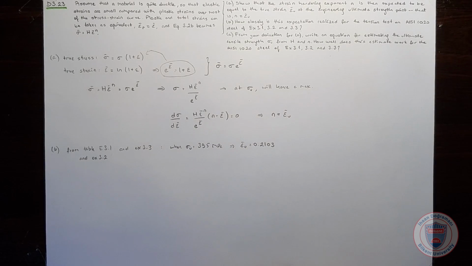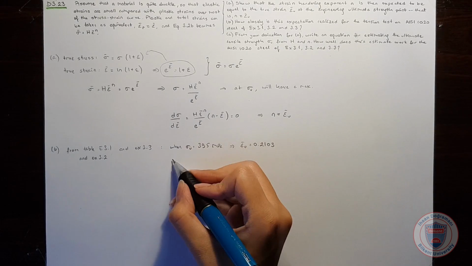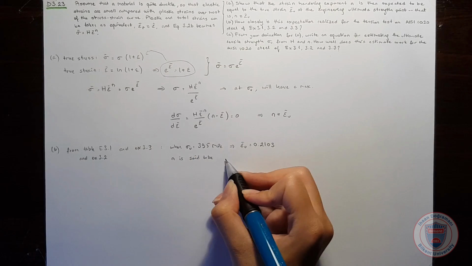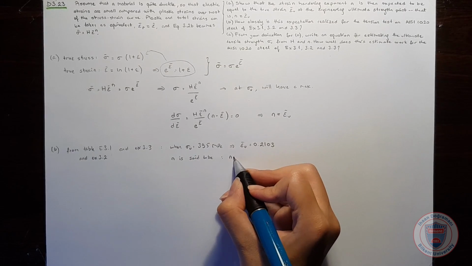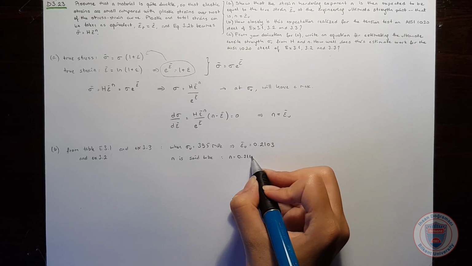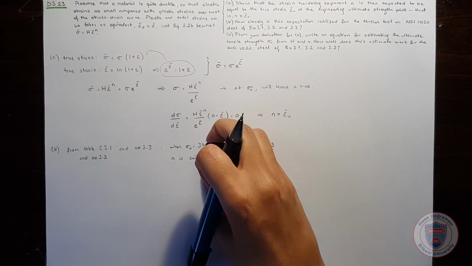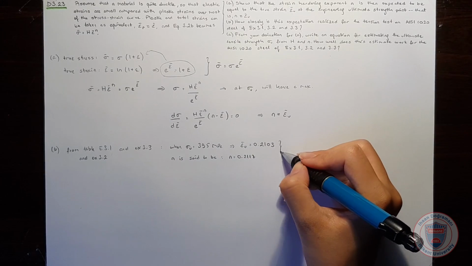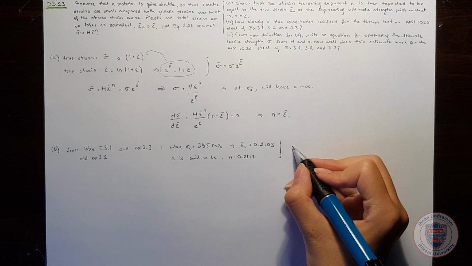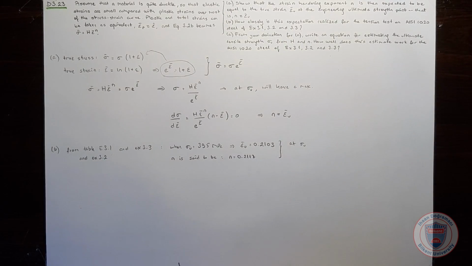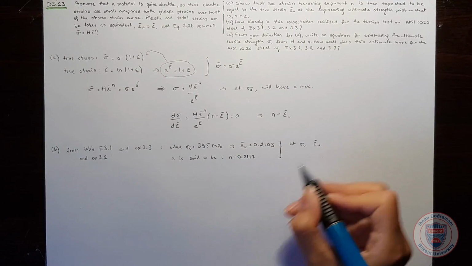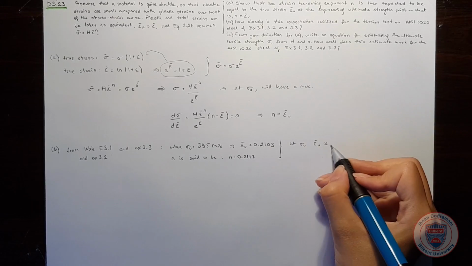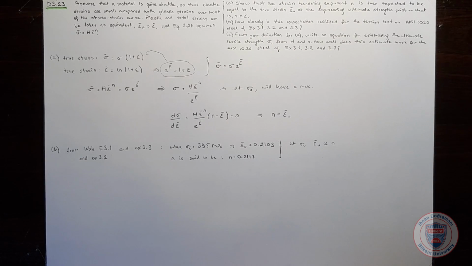And according to example 3.3, n is said to be 0.2117. As you can see, at the ultimate strength point, the true strain is approximately equal to the strain hardening exponent n.